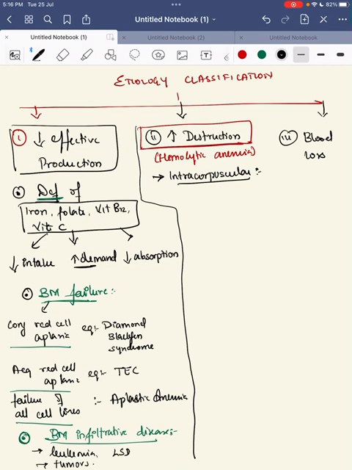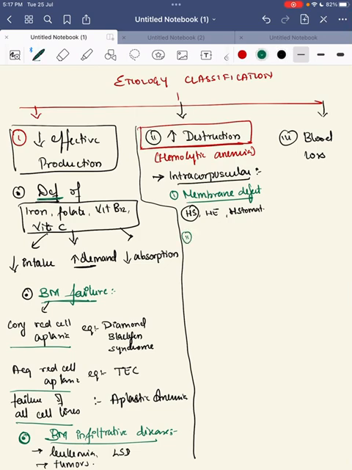In intracorpuscular cause, first can be a defect in the membrane. So membrane defect of RBCs can lead to hereditary spherocytosis, hereditary elliptocytosis, or hereditary stomatocytosis. Hereditary spherocytosis is most common among these.